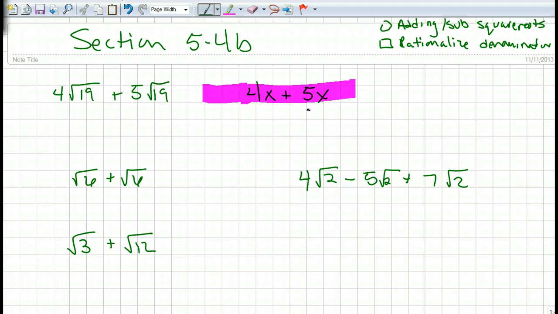Can I put those two together? Can I combine them? Yeah, they both have an x in it, so now I can write this as 9x. So whenever you're adding square roots together, as long as they have the exact same square root, you can put them together. So this would really be 9 square roots of 19.